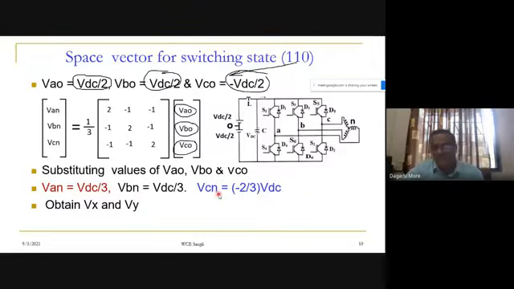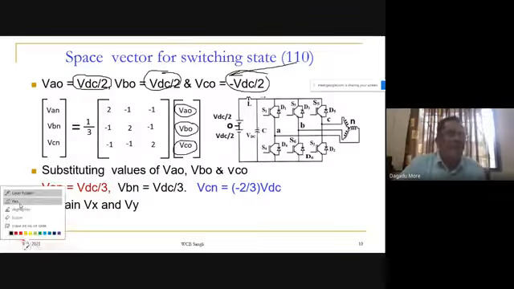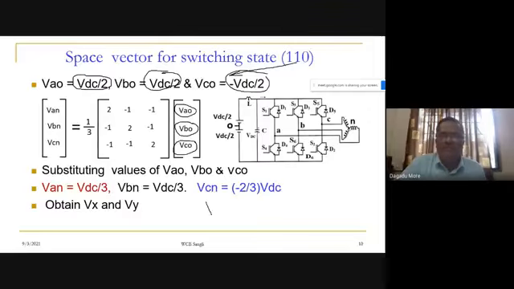If we add these three, VAN plus VBN plus VCN, how much value should we get? We will get 0. This is a check. For any switching state, this addition will be 0.